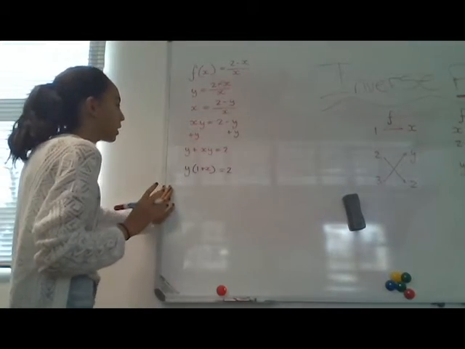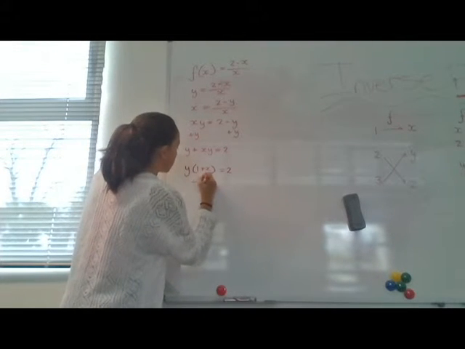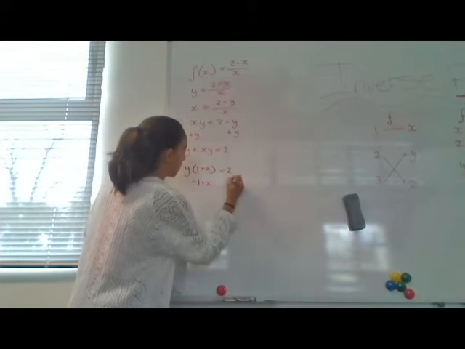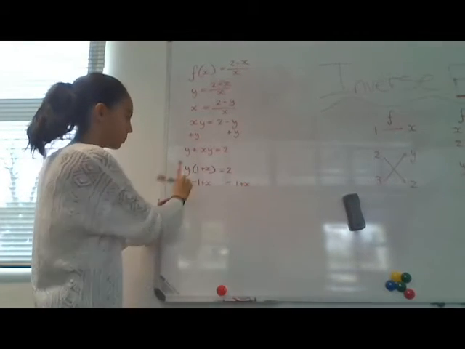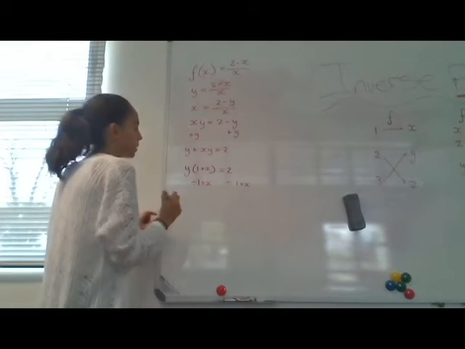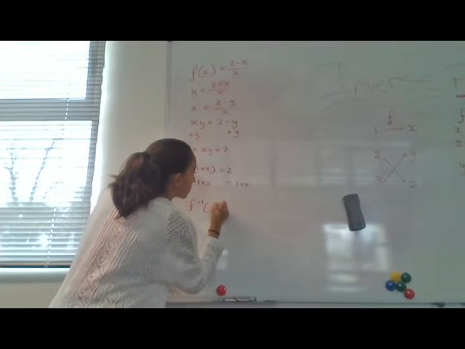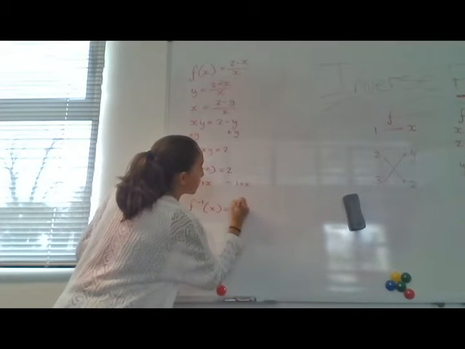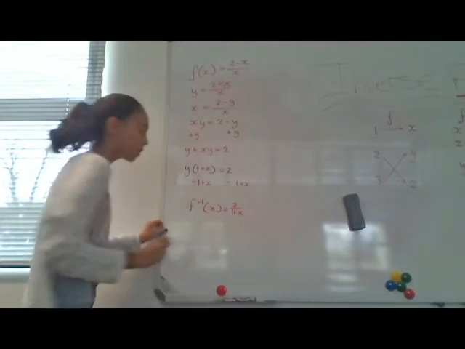Then we're going to divide both sides by 1 plus x, so that this cancels out. Our final answer will be this.